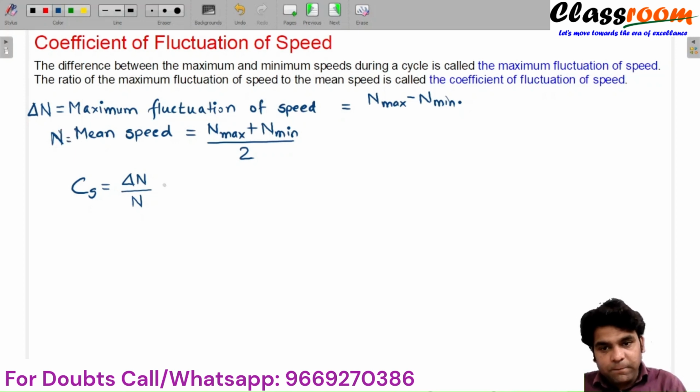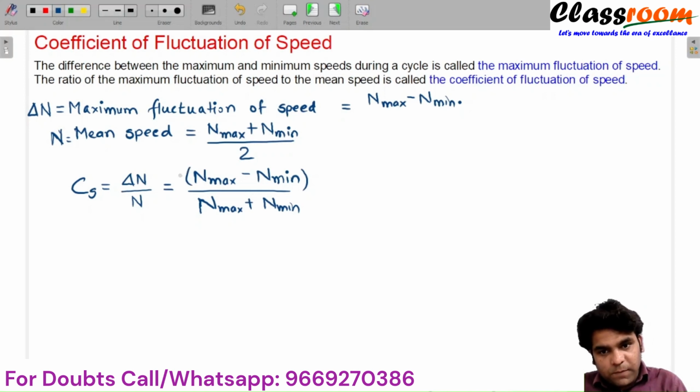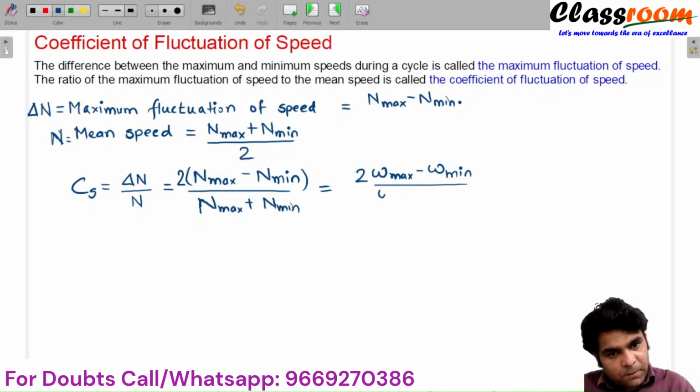N is the mean speed, so the coefficient is N max minus N min divided by N mean, that is, 2 times N max minus N min divided by N max plus N minimum. You can also write it in terms of omega, 2 times omega max minus omega min divided by omega max plus omega min.